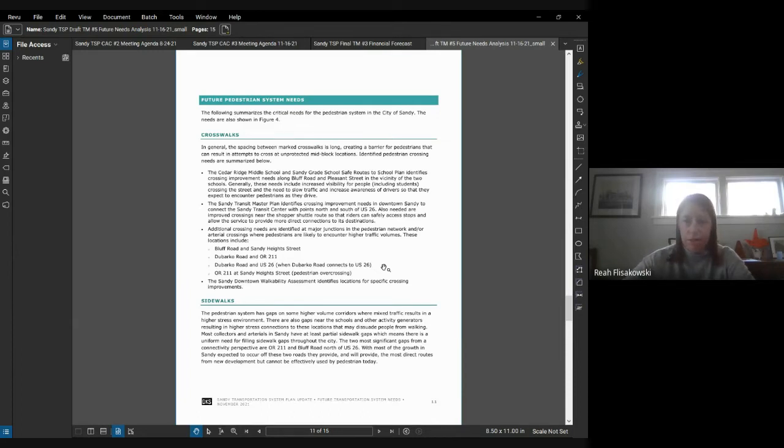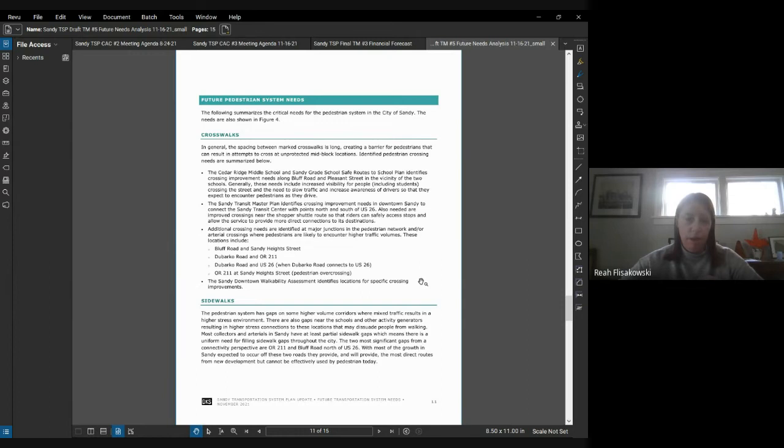So we'll take a deeper dive into those and see exactly what pedestrian volumes and vehicle conditions are at those locations, and whether a marked crosswalk or something higher is warranted. Carl, like you had asked about flashing beacons and a protected crossing for pedestrians, that is a good candidate at those locations or other locations.